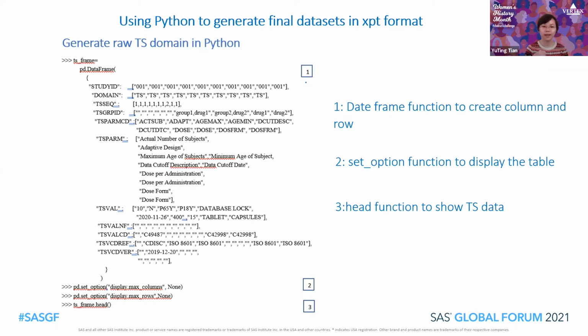Because if you have many columns and many rows in Python, you might not see the complete table in the output window. That's the reason you need to use this set_option function. Number 3 shows we use the head function to show the whole TS dataset. So next slide, please.